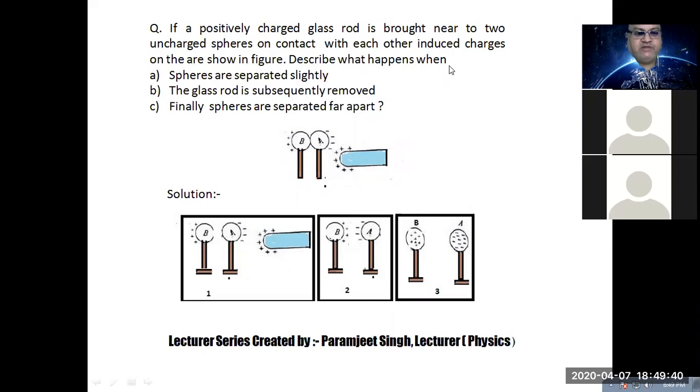Describe what happens. These two spheres are placed on insulating stands, touching each other, and the glass rod is brought near. What will happen? We have already discussed it.